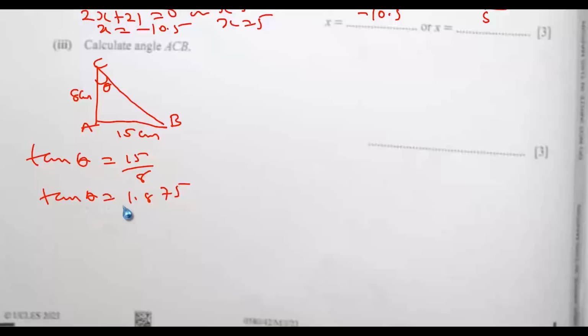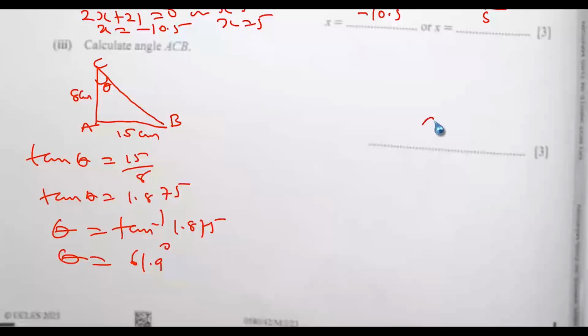Then if you take tan inverse of both sides, theta will equal tan inverse of 1.875, and from your calculator this will give you 61.9 degrees. So that will be the value of angle ACB.